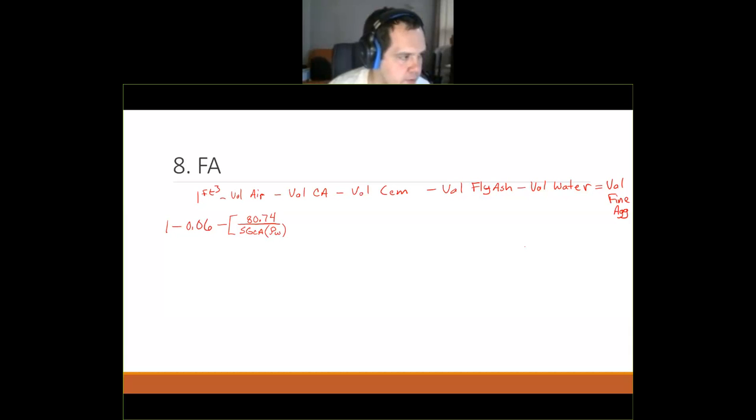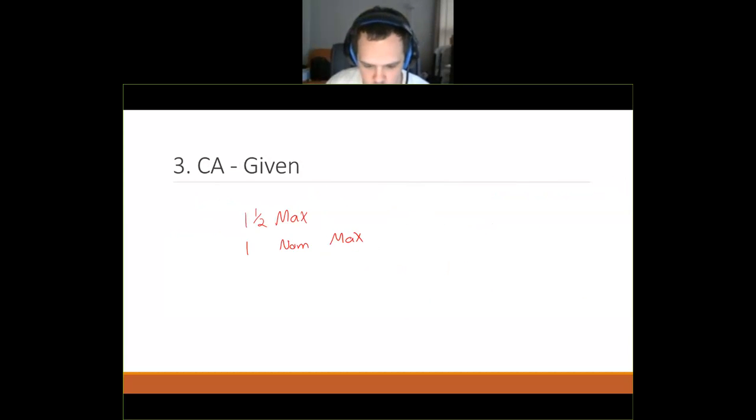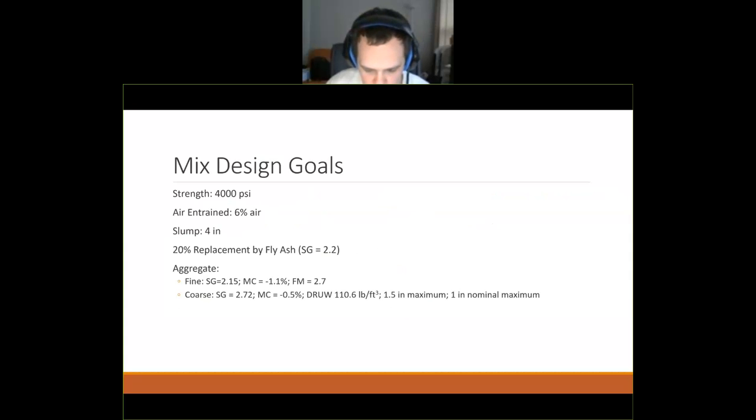All right, so I just need to make sure that my calculations, let's go back real quick, double check this stuff. Okay, 2.72 is our specific gravity of our coarse aggregate. Our fine aggregate is 2.15. All right, water is 1.